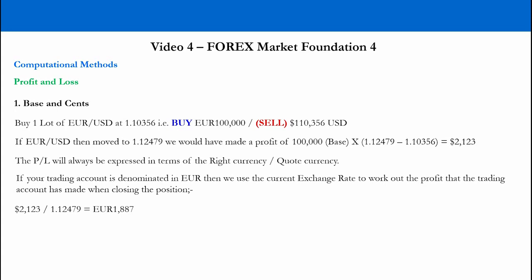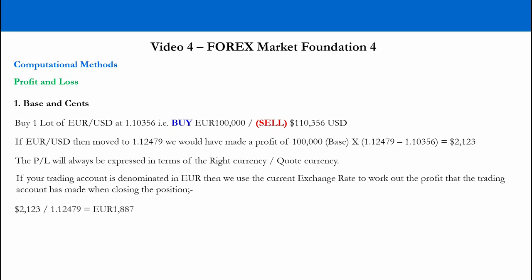The first one is base and cents. It's all pretty straightforward. Here's an example where basically we buy 1 lot of euro dollar at 1.10356. So in base currency terms, we're buying 100,000 euros worth of the currency pair. And in quote currency terms, we're selling 110,356 US dollars.